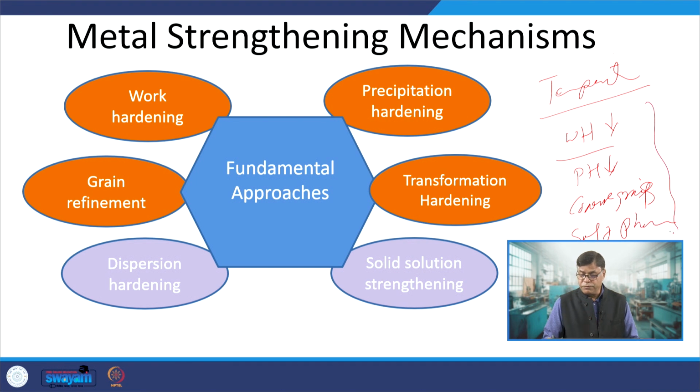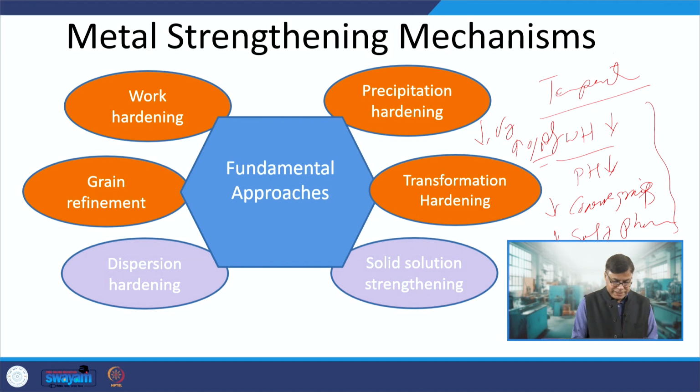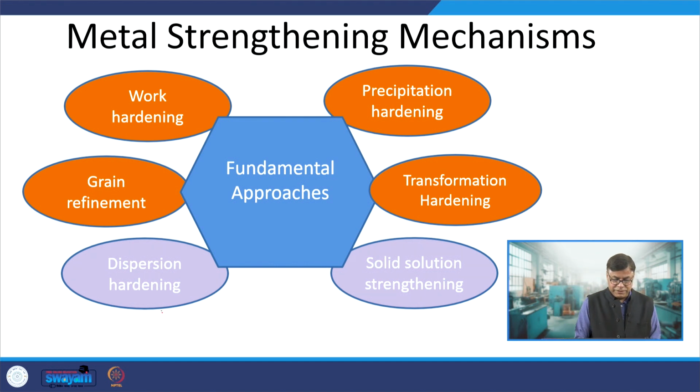So, these four mechanisms will be compromised at a high temperature, which means all these will contribute to a reduction in the yield strength and an increase in the ductility, which will make the job of deformation easier.